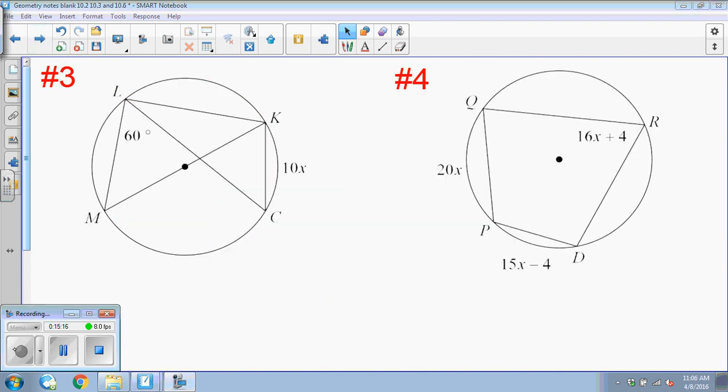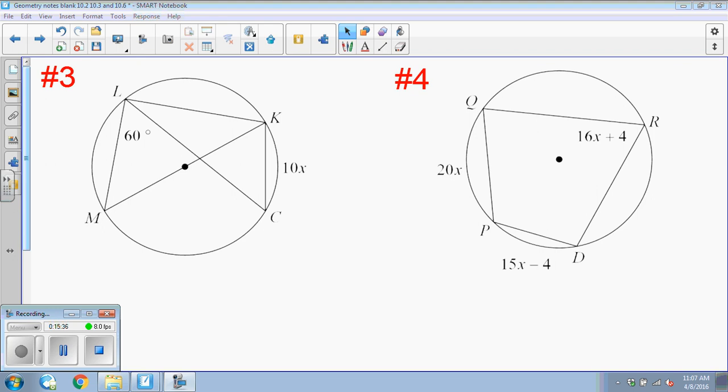Okay, there are two different ways you can work number 1. First, if you recognize that this is a triangle where the diameter is one side, that makes this a 90-degree angle.